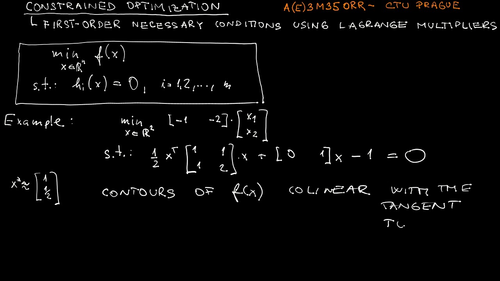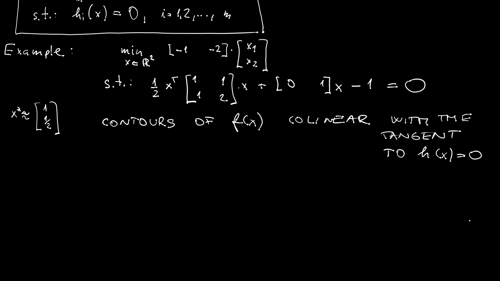That means tangent to the set which satisfies the following equation. Right, this is what guided me. Now I can rewrite this equivalently into saying that the gradient of f is collinear to the gradient of h. I can write it like this.